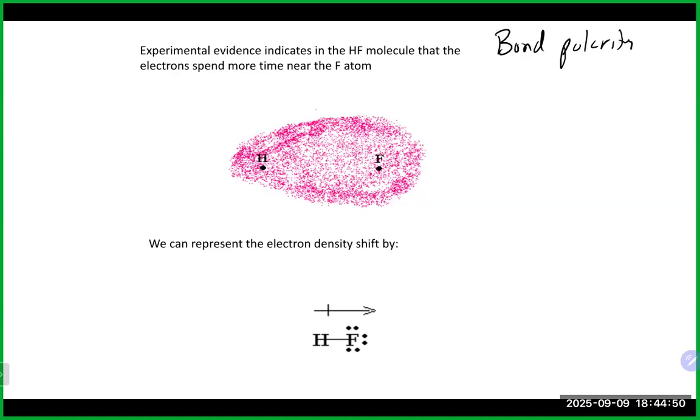So bond polarity is where we look at the difference in electronegativity values between the two atoms in a bond, and it tells us just between those two atoms how the electrons are going to be shared. Are they going to be shared equally, unequally, and so forth. Once again, in some cases, as we'll talk about, it may actually tell you for the entire molecule. Like in this case, it does tell you for the entire molecule what's happening. But in other cases, it does not. And when you have more than one bond, you have to look at some other things that we'll talk about.